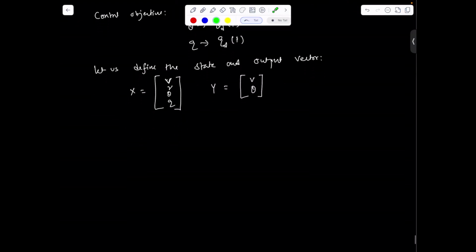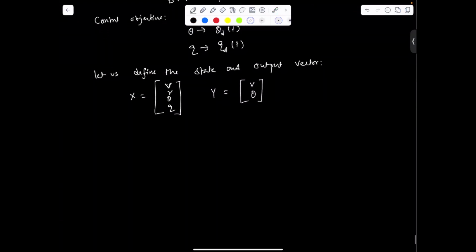Here our main motivation, if you remember from the last lecture, is to use this output equation to find the control. We will take the output equation and apply differentiation, and we will come up with the derivatives of these states, which will be functions of the controls.